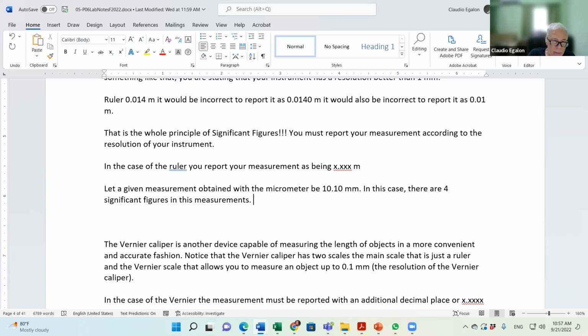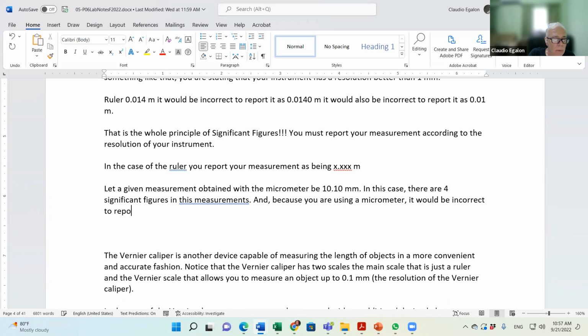Because you are using a micrometer, it would be incorrect to report this measurement as 10.100 millimeters. Incorrect.